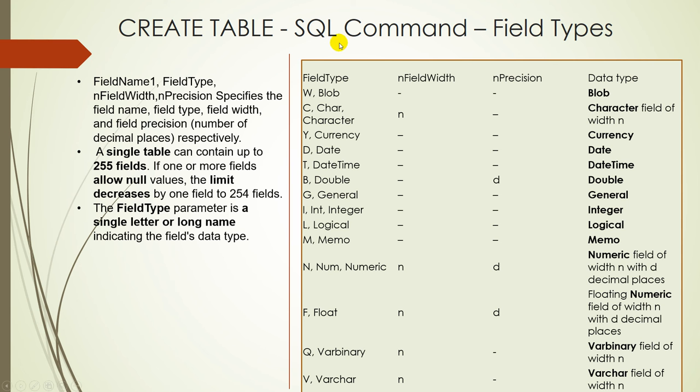So we need to know about the field type, field width, precision, and data type. Each field has a name, field type, and length, the number of characters for each field, and number of decimal places or precision if the field is numeric.